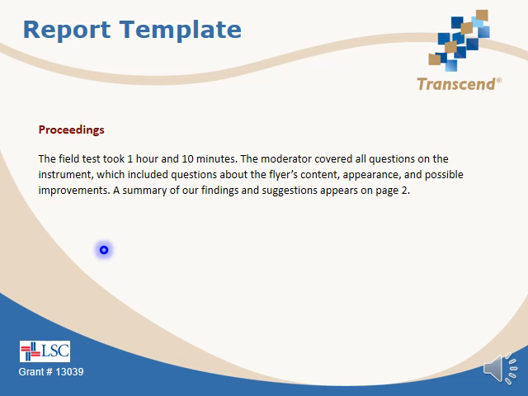We would attach the instrument to the report, so that if someone is wondering what did they ask and how many questions were there, this will be attached to the report. And then we talk about our findings and the suggestions that either the group made or that we made, our recommendations, after listening to the group's suggestions.